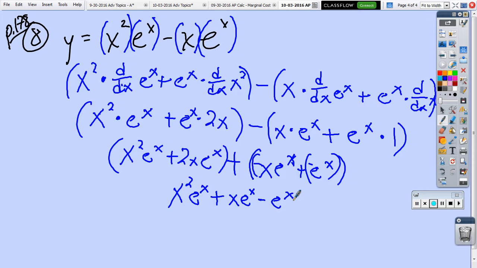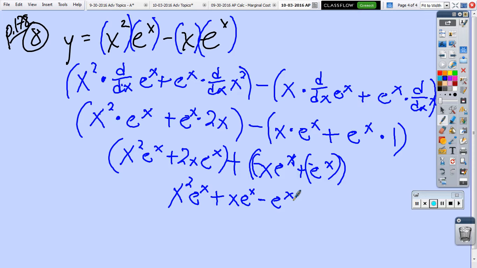That's correct for product rule. Minus, if we do product rule over here, product rule of x e to the x would be leave the first one alone, derivative of the second, plus leave the second one alone, derivative of the first part. Okay, that's good.